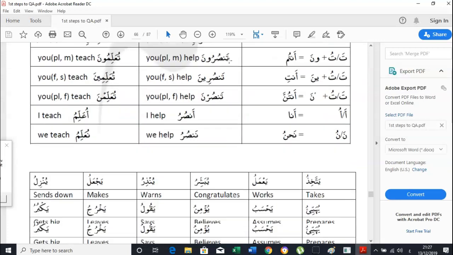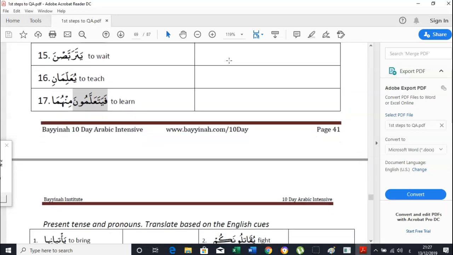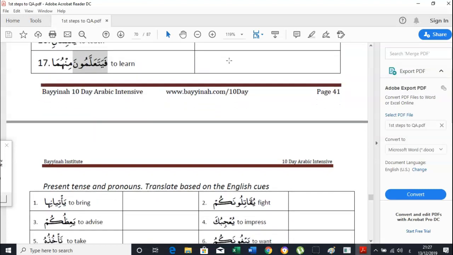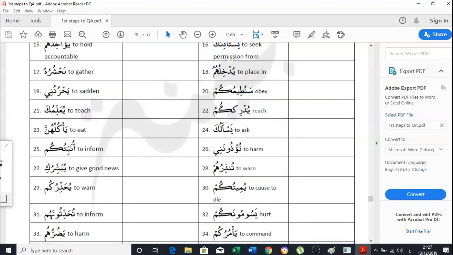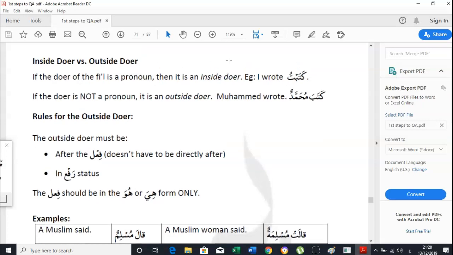It gets more than that; that's just the beginning. For the future, you just add a seen at the beginning of the word. Is the homework all the way up to before present tense? Yeah, that's all.